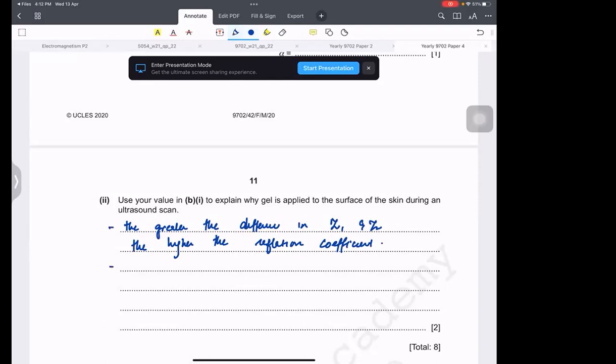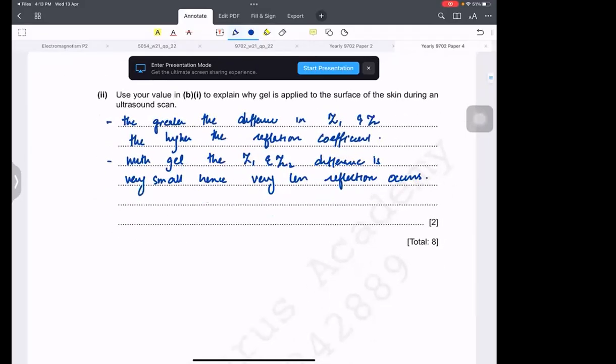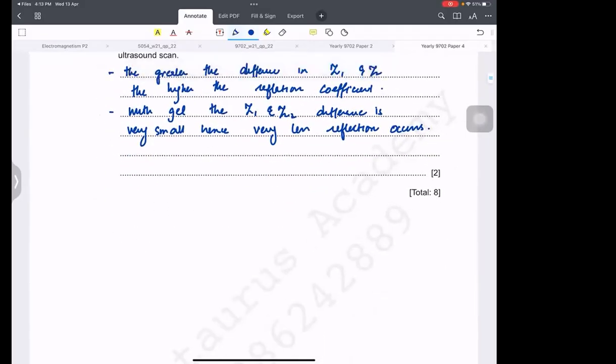So with gel, the difference in Z2 and Z1 is very small, hence very less reflection occurs. Or you could alternately write transmission occurs. All right, any questions, please let me know.